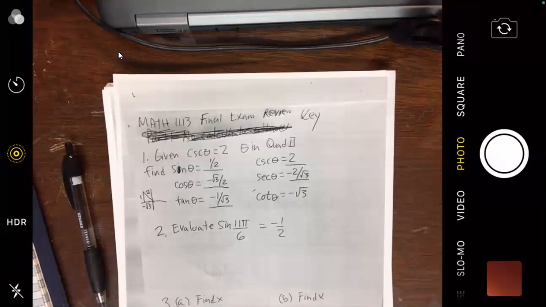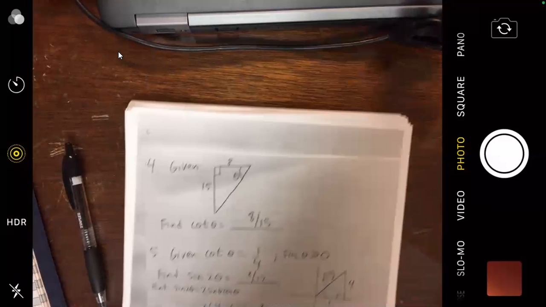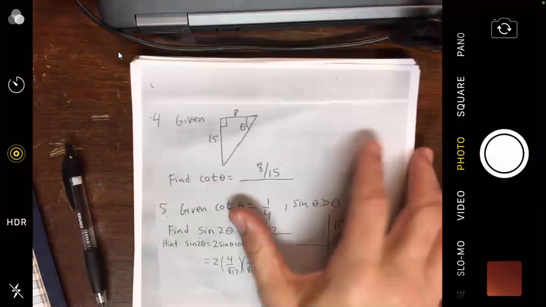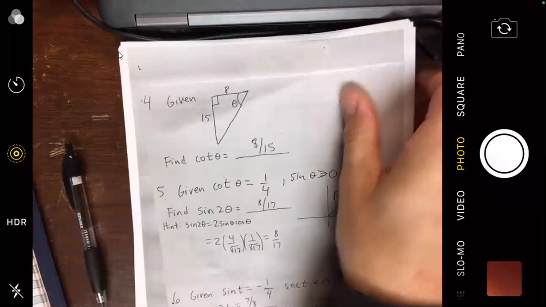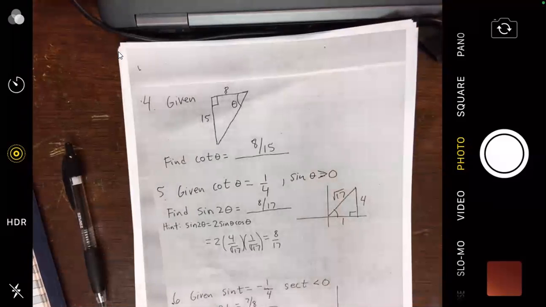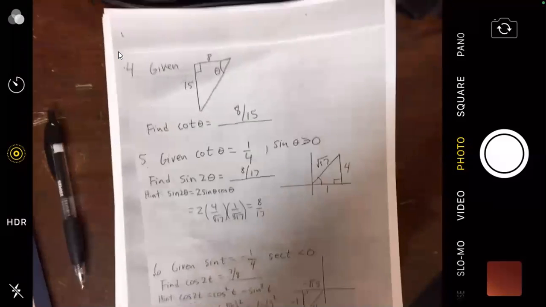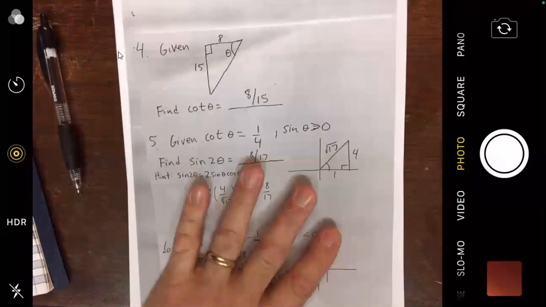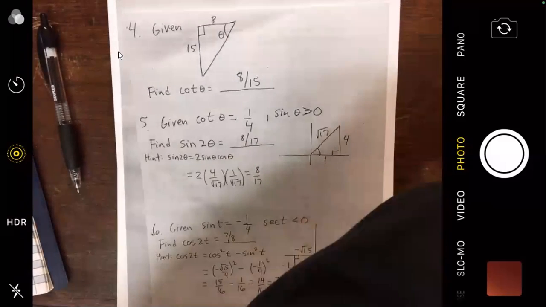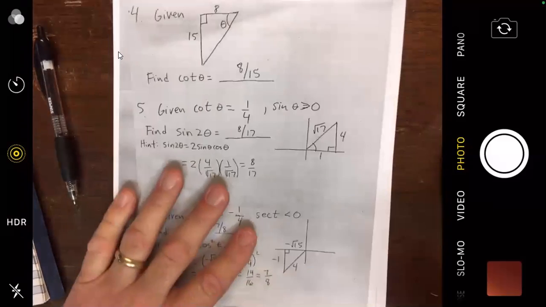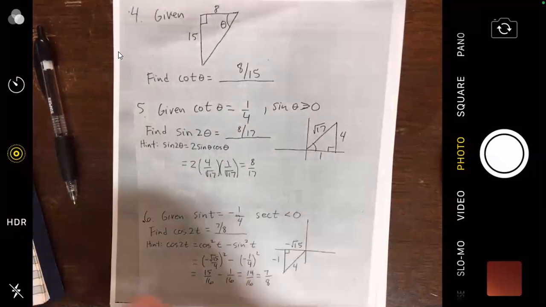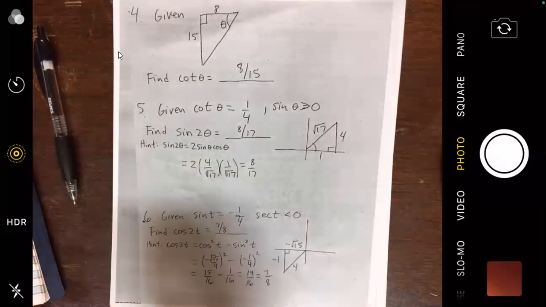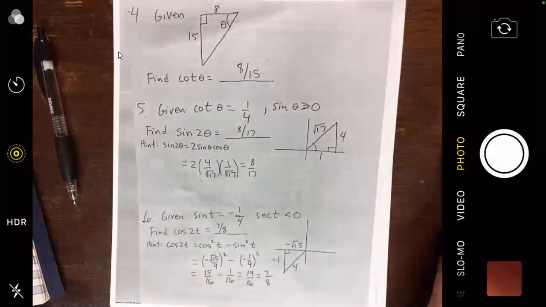You mean problem 6? Yes, on the study guide. Okay. 4, 5, 6. Okay. All right, you want me to go ahead and go over that one? Yes, please. All right.